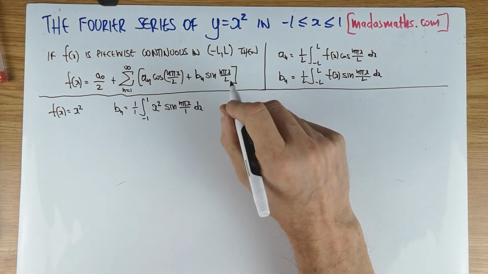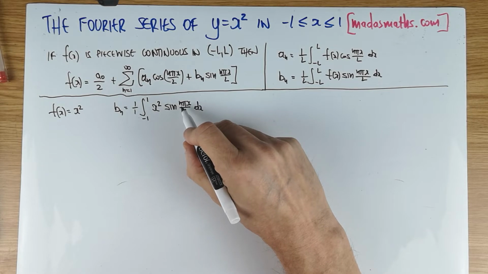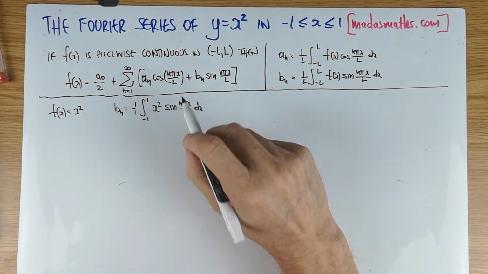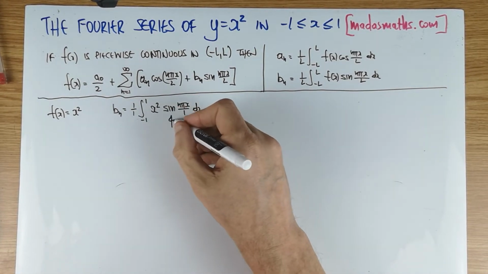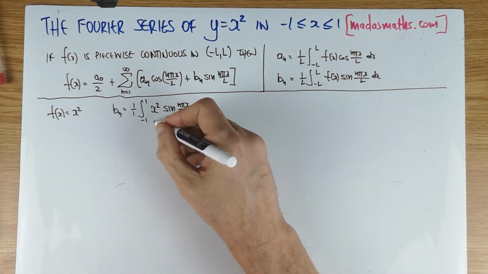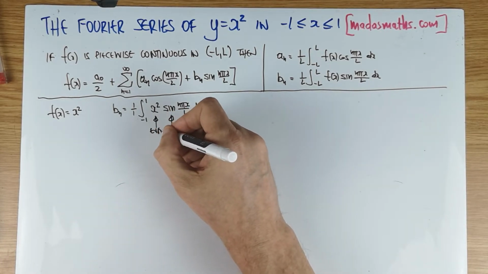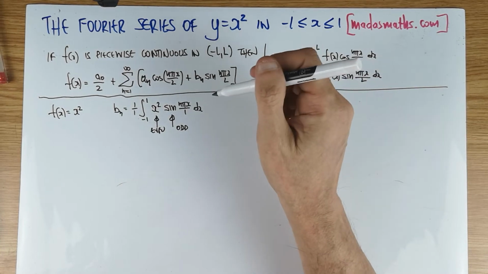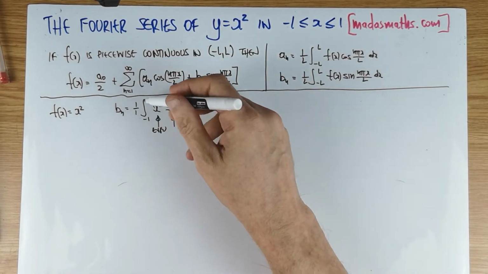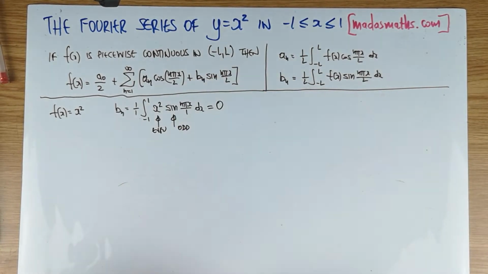And of course if n is an integer, then this is odd, this is even. Overall the integrand will be an odd function in a symmetrical domain. Of course this will give you 0.